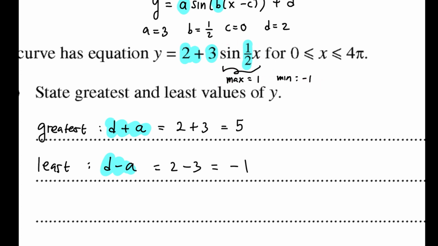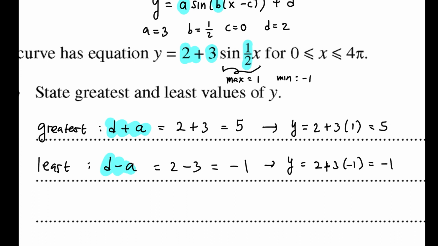For the greatest, you can substitute y equals 2 plus 3, and the sine will become 1 because you want to find the greatest. So you will get 5. For the minimum, you just make the sine negative 1, so you will get negative 1. So you can use this concept or the formula, up to you.